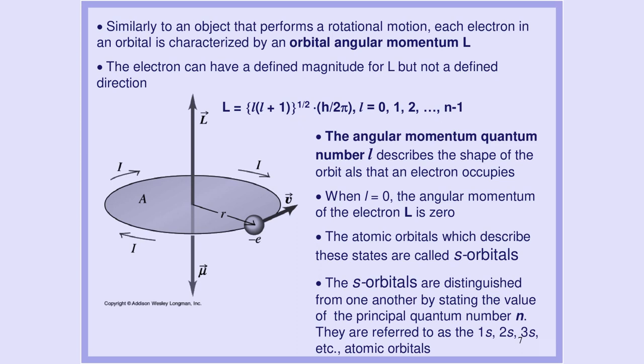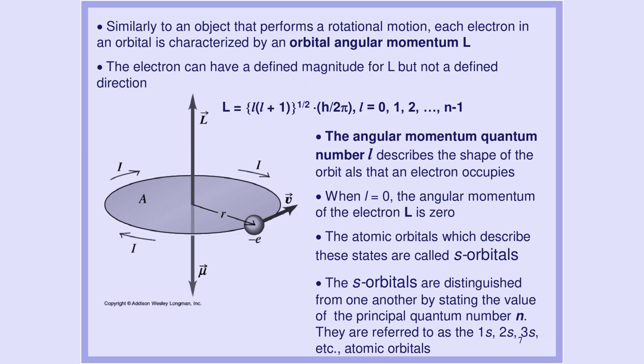The angular momentum quantum number l small describes the shape of the orbit that an electron occupies. When l equals 0, the angular momentum of the electron, L capital, is 0 as well.